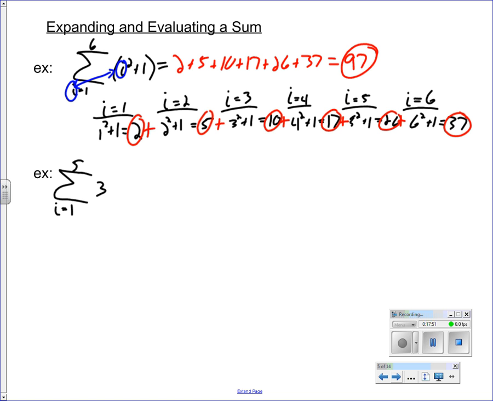There's no I there, it's not 3I, so all I'm doing here is just adding 3 five times. Our index is I, and there are no I's in the sum.